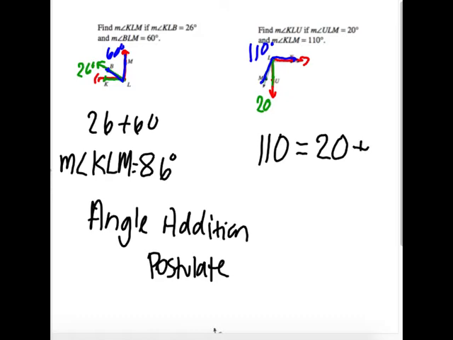I need to know what that other one is. They need to add up to the bigger angle. So all I'm going to do is subtract 20, and I get that that angle is 90 degrees. So this angle right here, angle KLU, is indeed a right angle at 90 degrees.